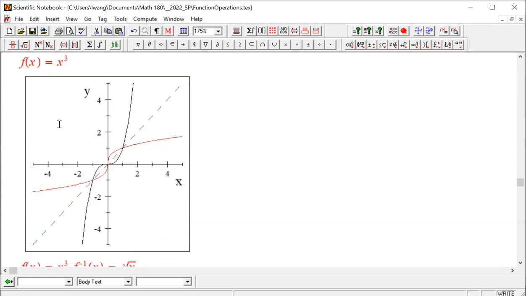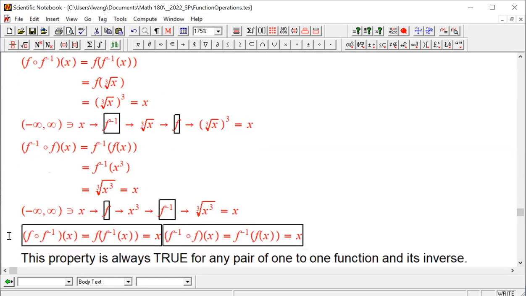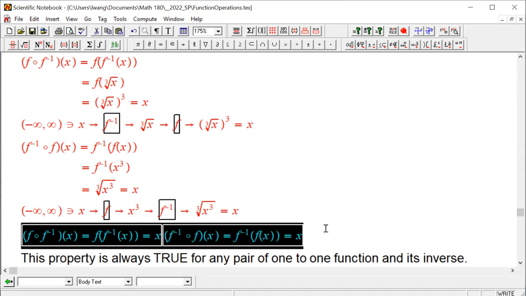And they not only have this feature, symmetrical along the line y equals x, but analytically they also have this particular property. And this property is true for any pair of a one-to-one function and its inverse. We know that once we have the inverse, it's unique.